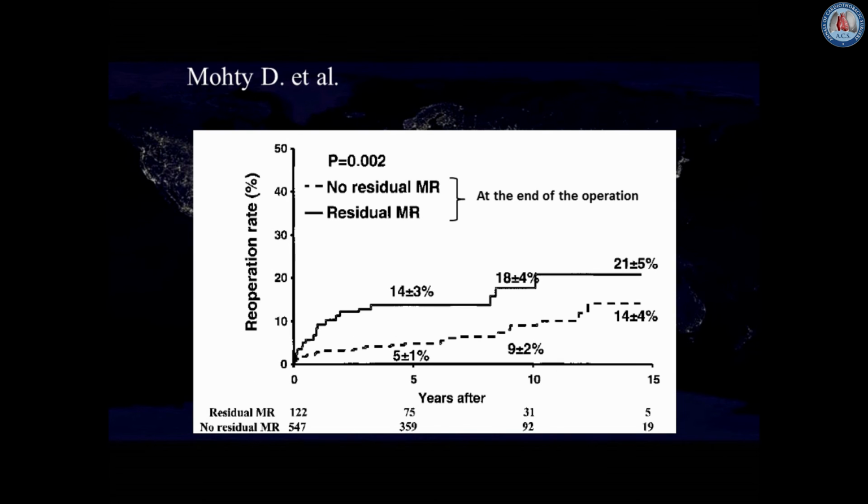However, if you take a look at the next slide, they indicated that in patients who had no residual mitral regurgitation in the operating room, the probability of failure was lower than in those who are left with some residual regurgitation.